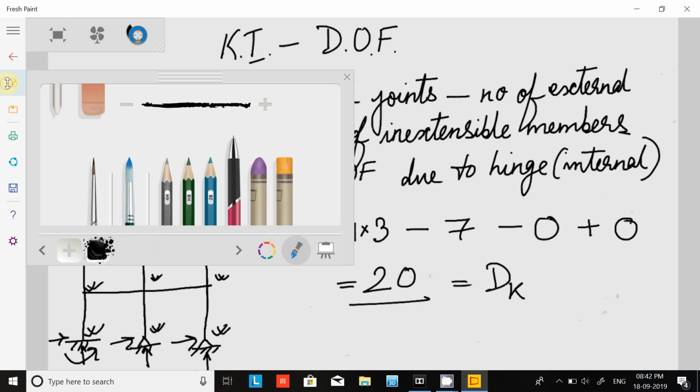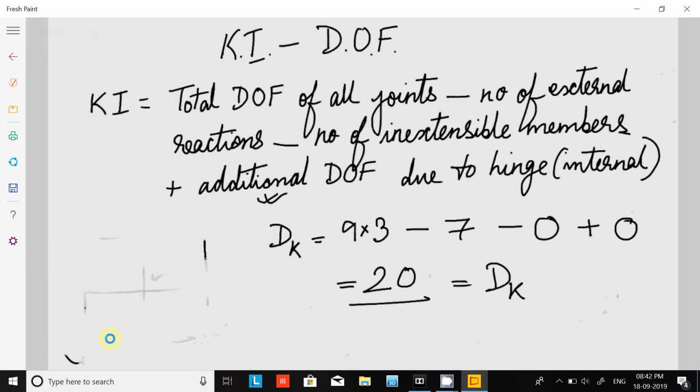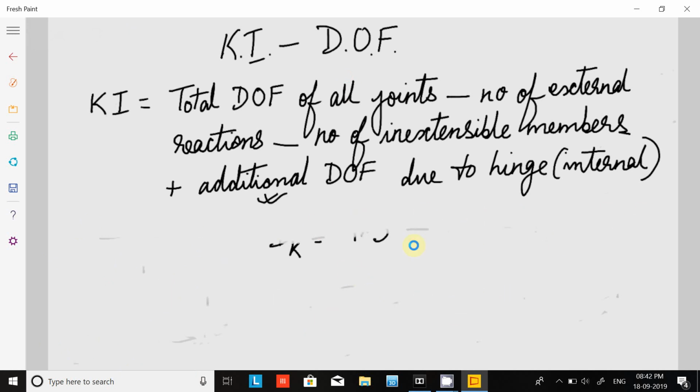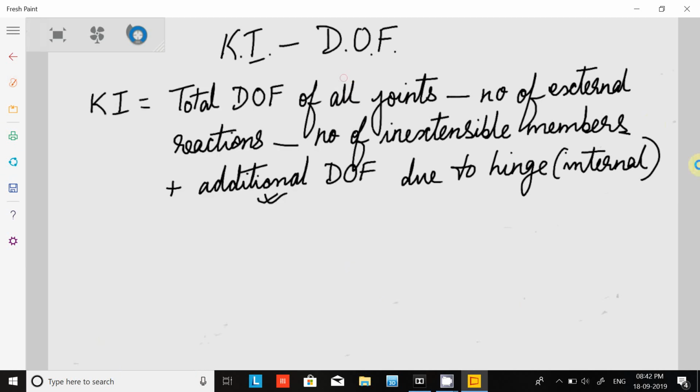If I take another problem, what will be kinematic indeterminacy?